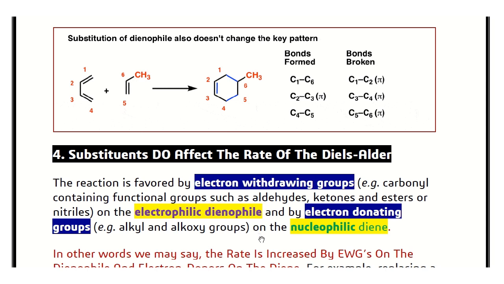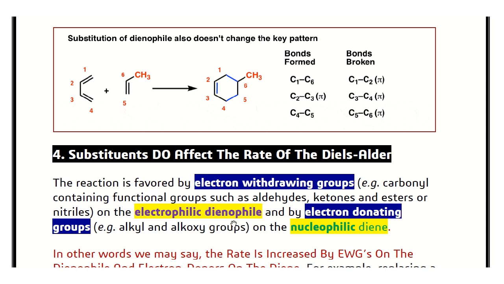So for the Diels-Alder reaction to occur smoothly, we must substitute an electron withdrawing group in our dienophile, because our dienophile acts as the electrophilic center.